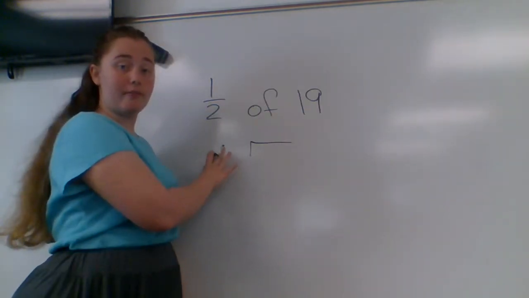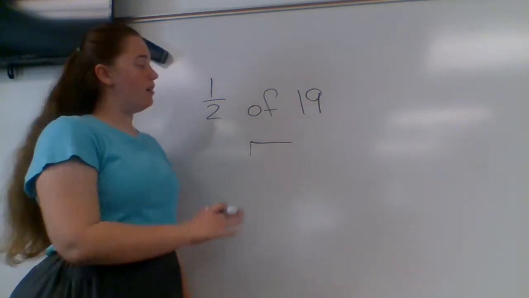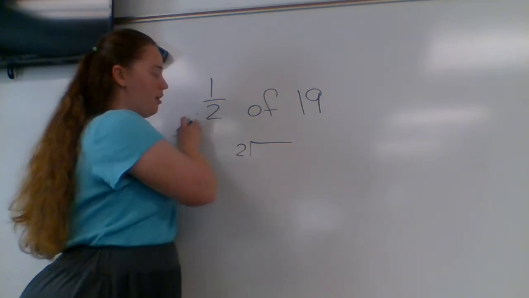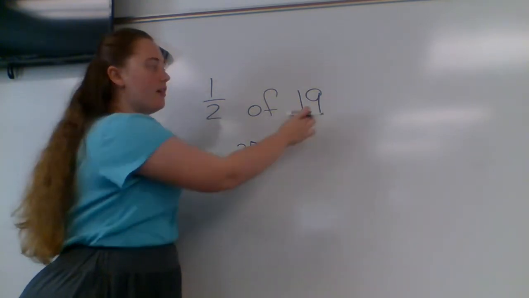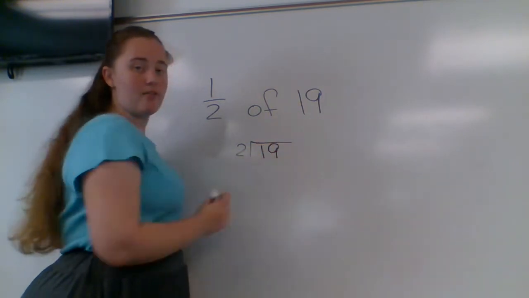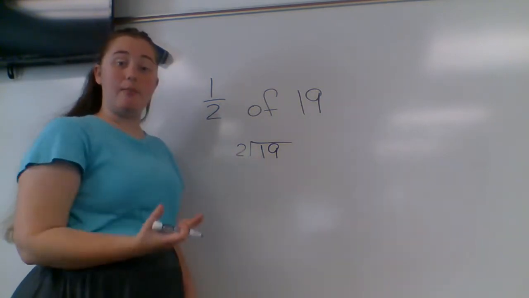Okay, we also have right here 1/2 of 19. This is letter B. Let's go ahead and do this one. Plug our numbers in right here. My denominator goes right here to my divisor. And right here, 19 is going to go in that little box thing. 2 will go into 19 how many times?